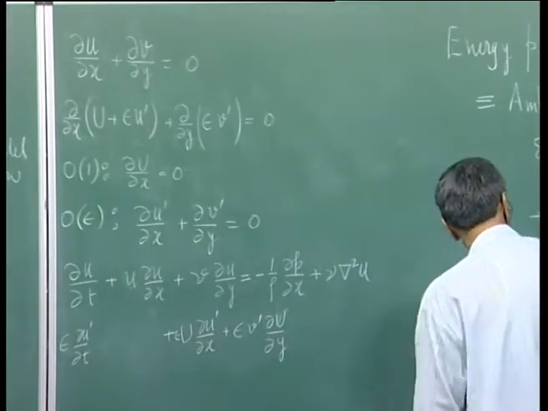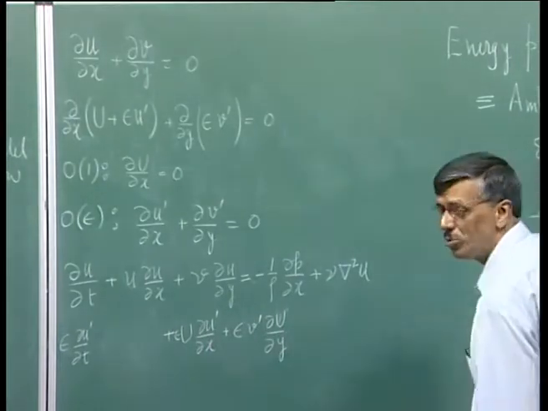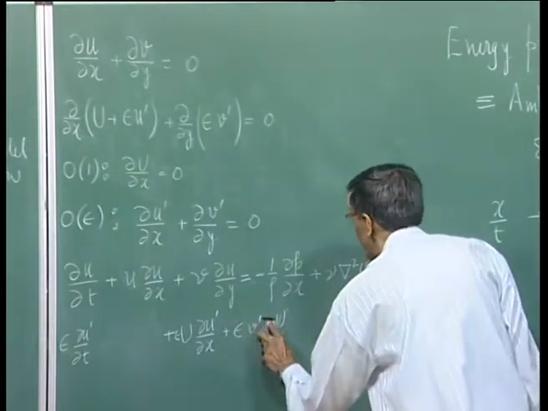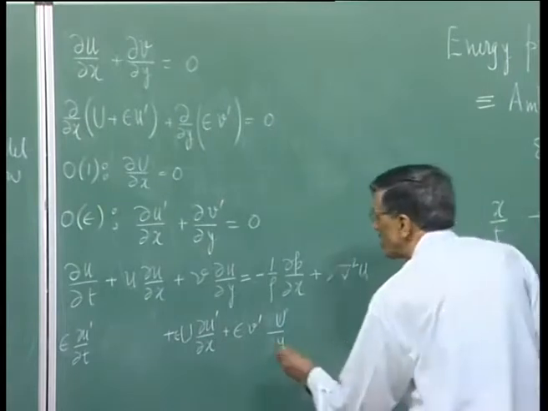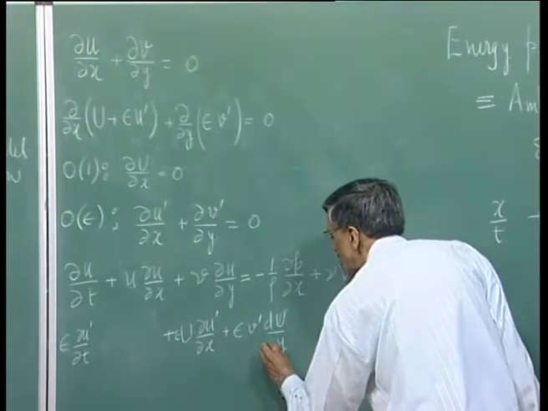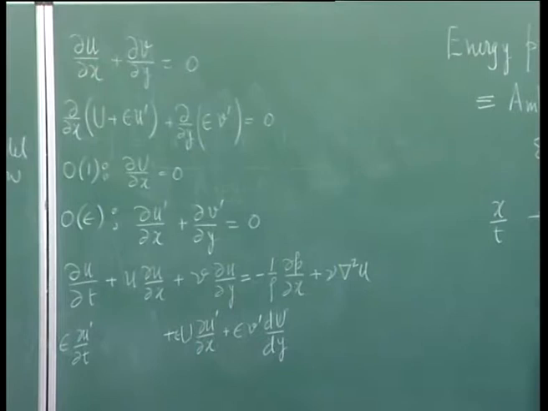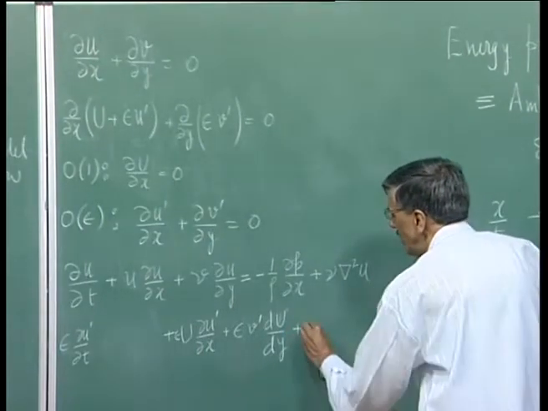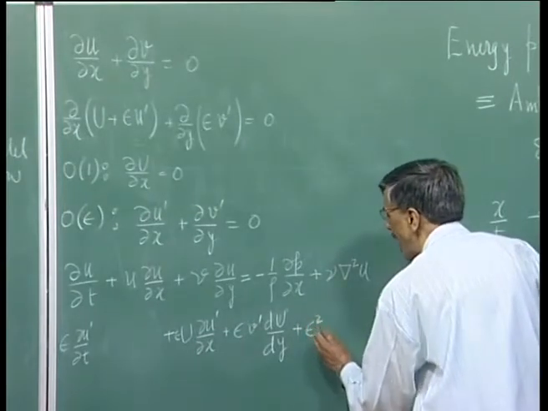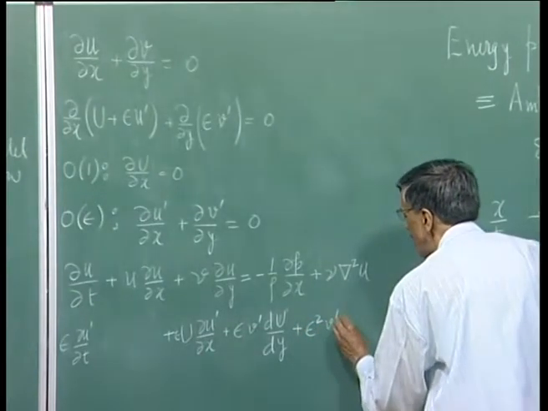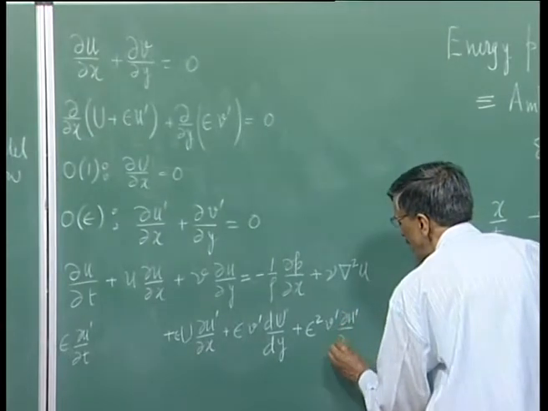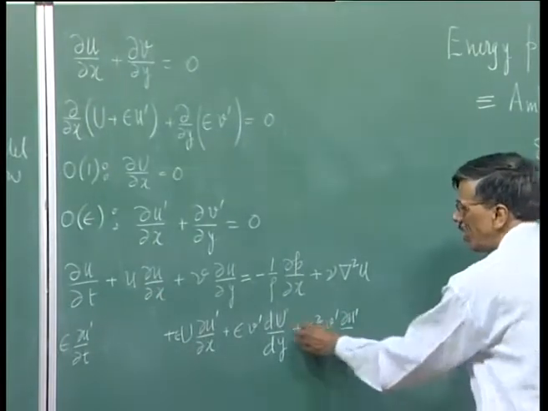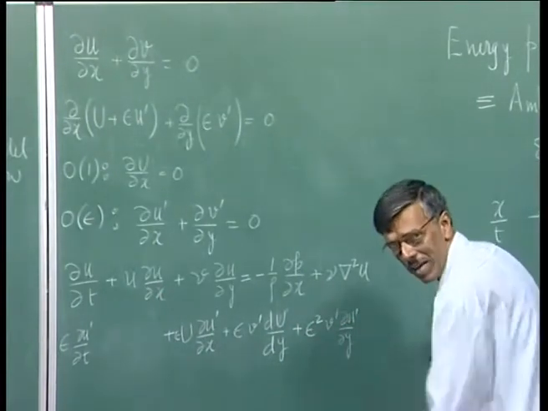In fact, since you have assumed U to be a function of y only, you do not even need to write this as a partial derivative. You just simply write it as the ordinary derivative. What about the additional term? There is an additional term epsilon square, that is v prime del u prime del y, right. So, we have written it up to whatever is there.